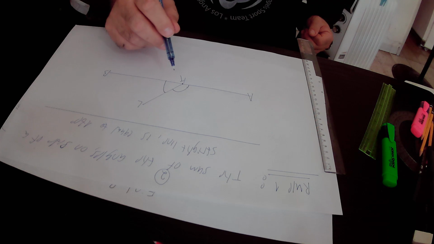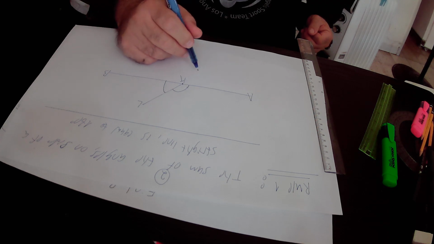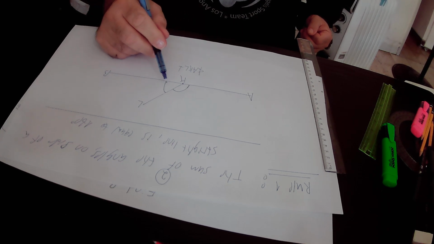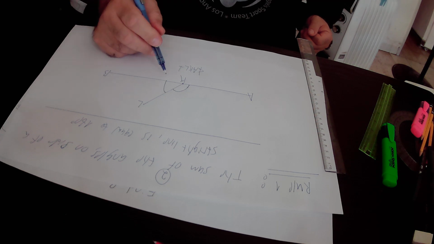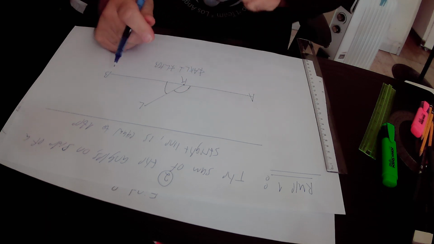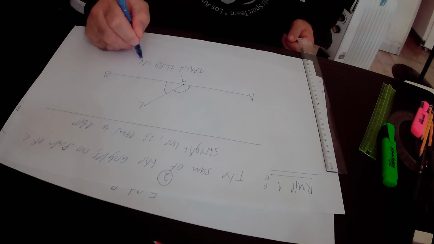Or, this angle is angle AKL plus this angle, that is actually angle LKB. In total, the sum of those two angles must be equal to 180 degrees according to rule number 1.